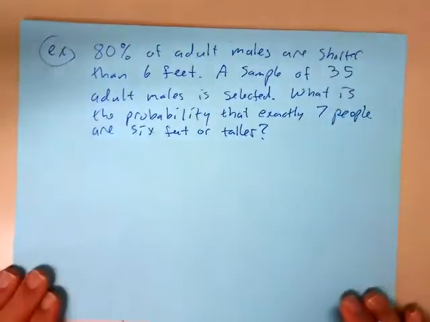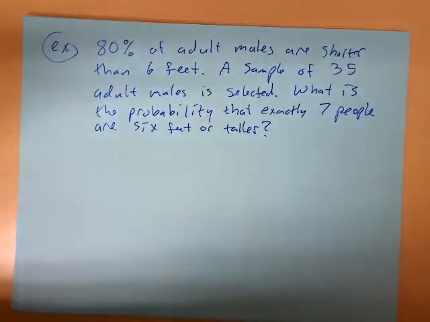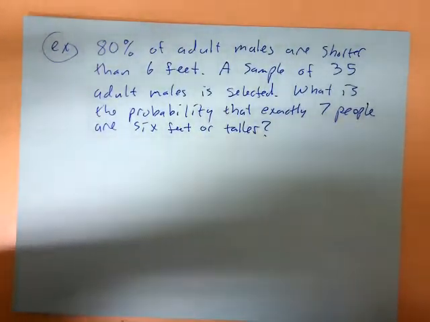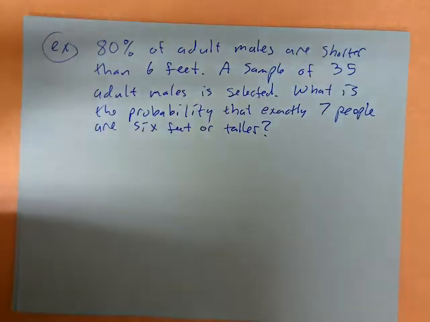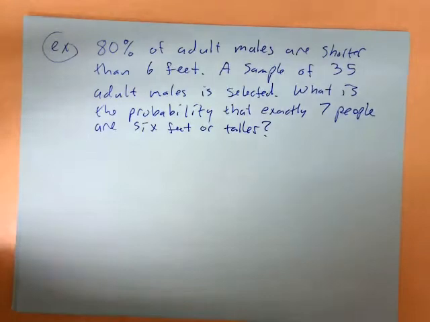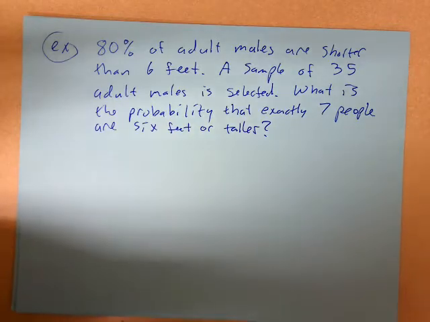Okay, so here's a nice problem. 80% of adult males are shorter than 6 feet. A sample of 35 adult males is selected, and we want to know the probability that from that sample exactly 7 of the people are 6 feet or taller.